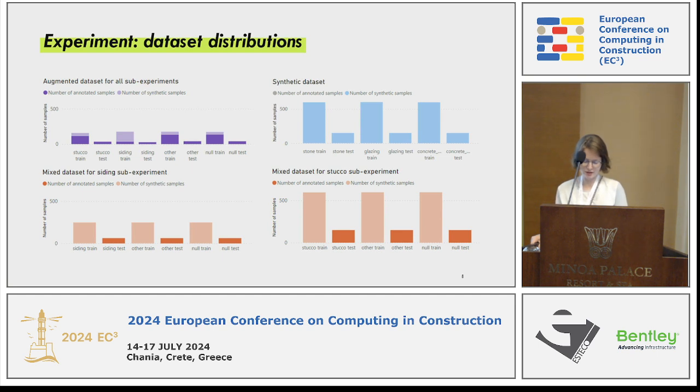For the purely synthetic experiment, stone, glazing, and concrete were studied. Some of the sub-experiment datasets were quite small because they were limited by the size of the URC dataset, specifically the augmented dataset and the mixed siding sub-experiment, which had an effect on the performance, as you'll see on the next slide.